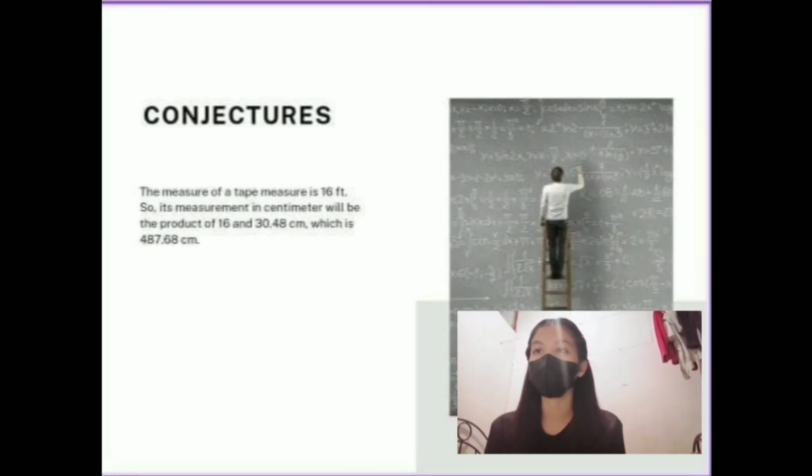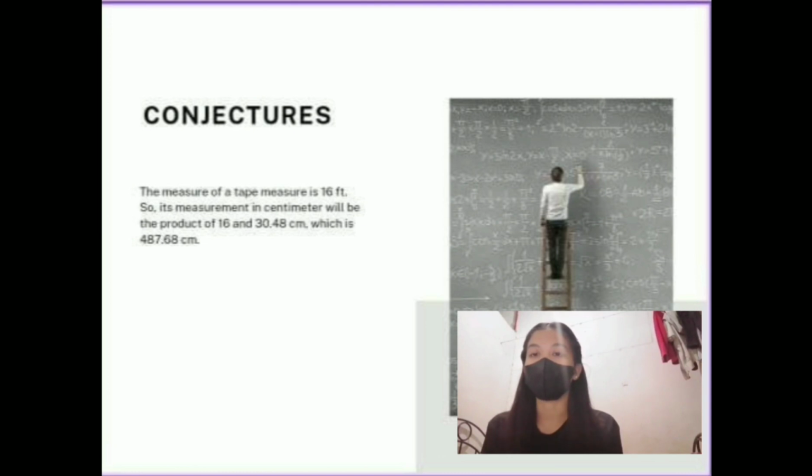For the conjecture, the measure of a tape measure is 16 feet, so its measurement in centimeters will be the product of 16 and 30.48 centimeters, which is 487.68 centimeters. The value of 1 foot is equivalent to 30.48 centimeters.